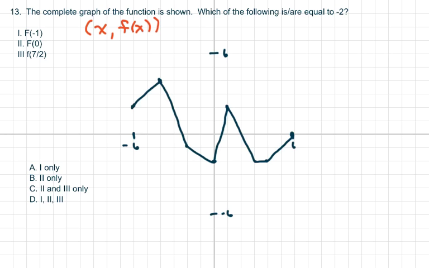So that's how you do it, and this is just your y. When we're looking for f of negative 1, you go to x equals negative 1 and go down, and that's going to be somewhere in here. I would say that's about negative 1.5.